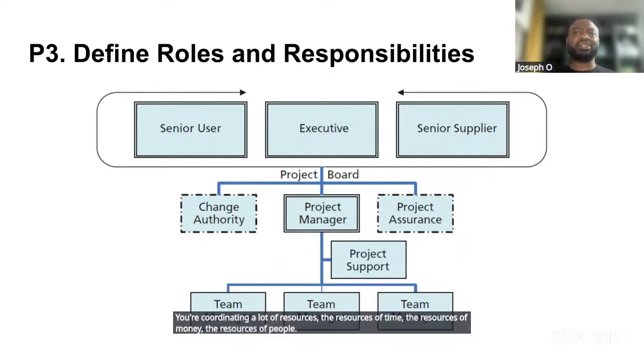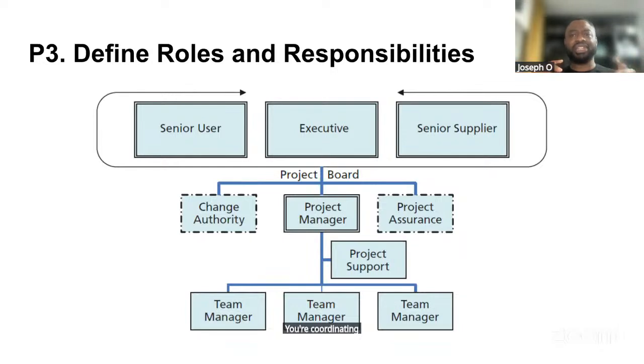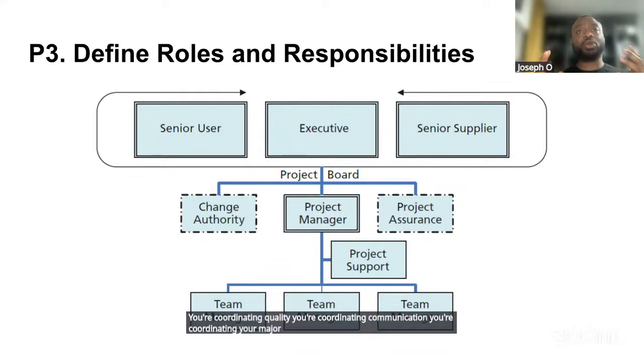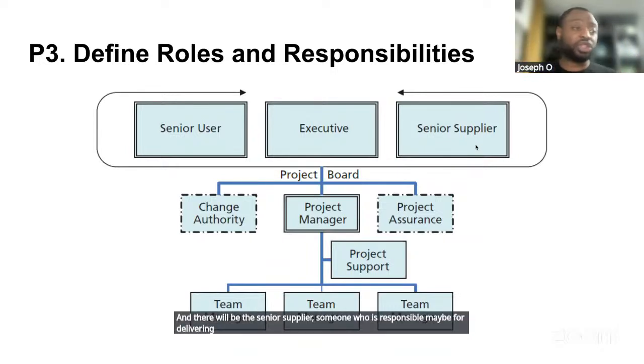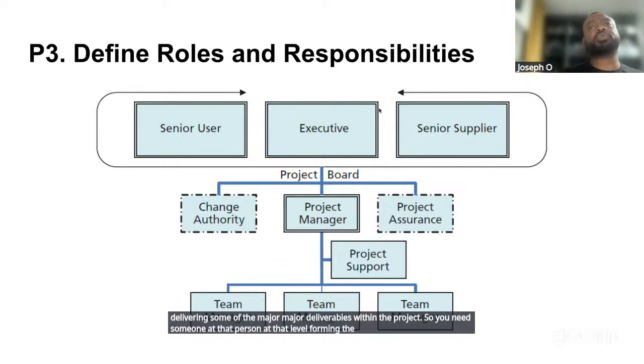You're coordinating quality, you're coordinating communication, you're a major coordinator within the project environment. And there will be the senior supplier, someone responsible for delivering some of the major deliverables within the project. So you need someone at that level forming the project board.